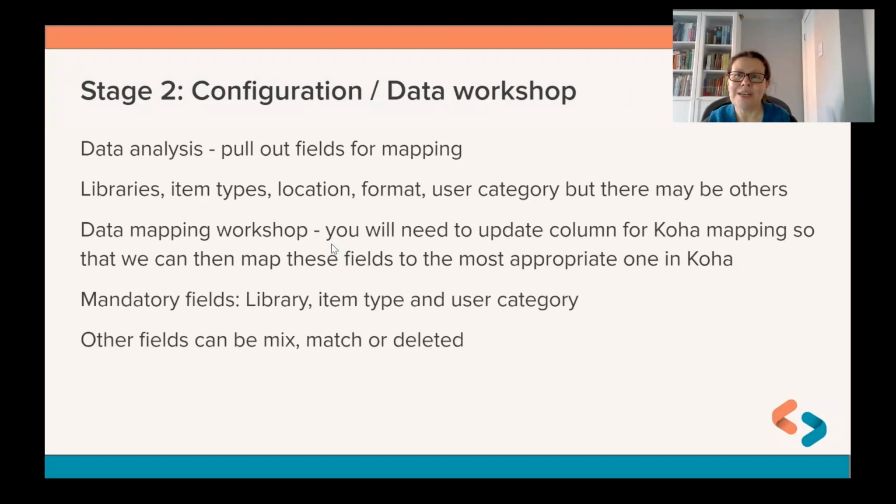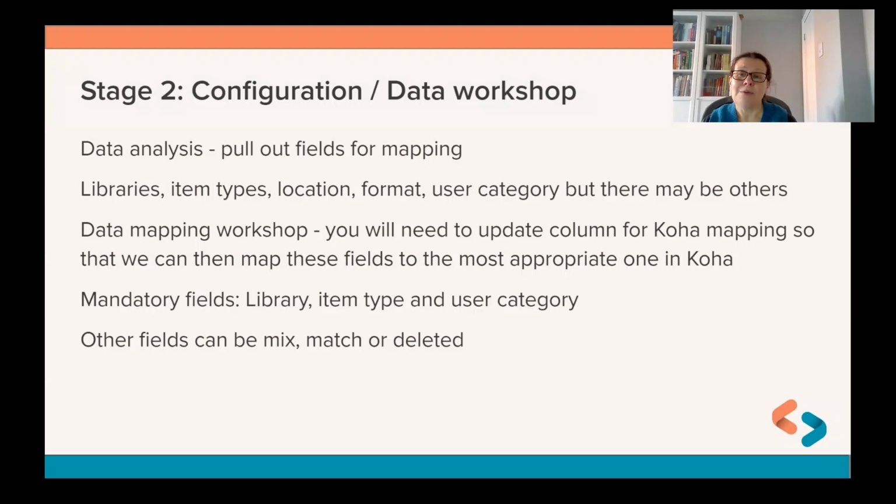Okay, so the next stage: once we've received the data via Nextcloud, we'll pull that down and put that onto your new server, and then we will do some data analysis on it. What this means is that we'll pull out some of the fields which we then need to discuss with you.